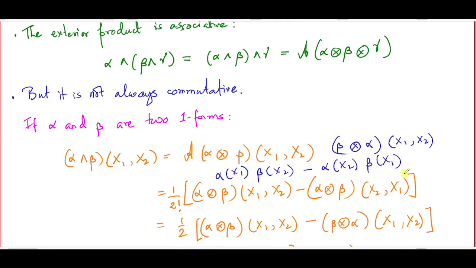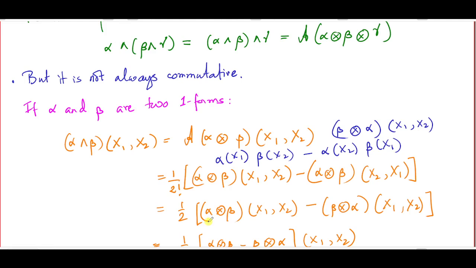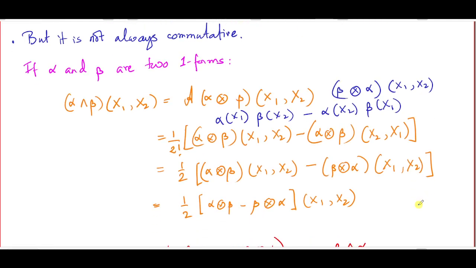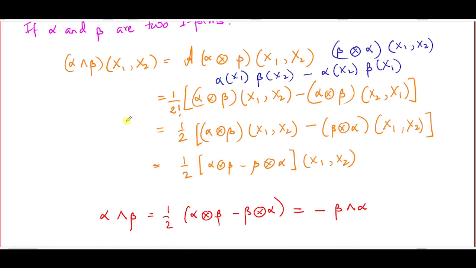So you can write this term as alpha tensor product beta acting on x1, x2 minus beta tensor product alpha acting on x1, x2, or the overall thing is half alpha tensor product beta minus beta tensor product alpha acting on x1, x2. This works no matter which x1, x2 you use, and that means that alpha wedge beta for two 1 forms. Please note that this is the result for two 1 forms and not a general result for any K and L forms.